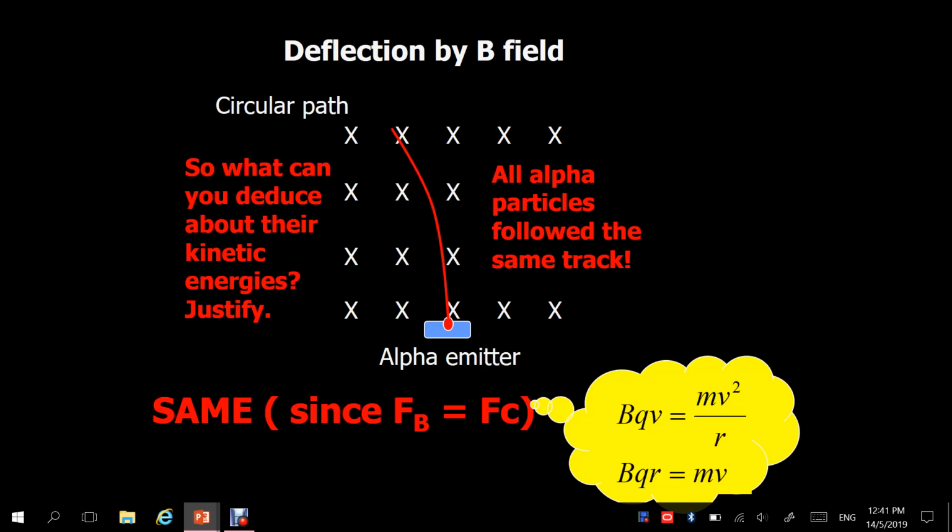This must provide the centripetal force, which is equal to mv squared over r. M is the mass of alpha particle, r is the radius of the path. So if you were to cancel the v on both sides, you end up with BQr equals to mv. So mass is constant, r is constant, q is constant, B is constant. That means the velocity of the alpha particle must be the same.